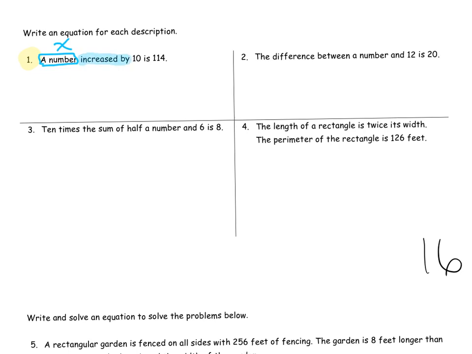Increased by, remember we said increased by is addition, so let's write a plus. 10 is, remember we said is equals. So we have a number x, increased by, plus, 10, is 114. So that's your equation.